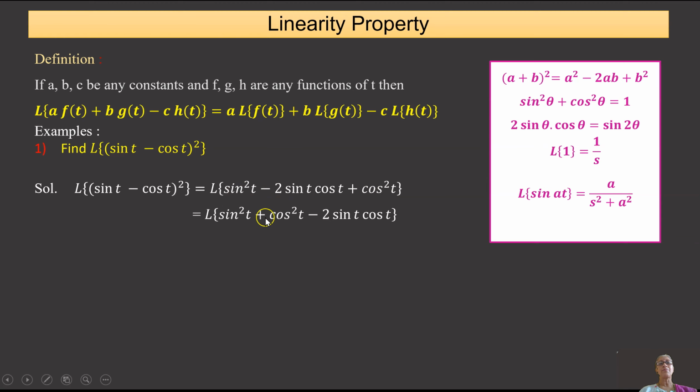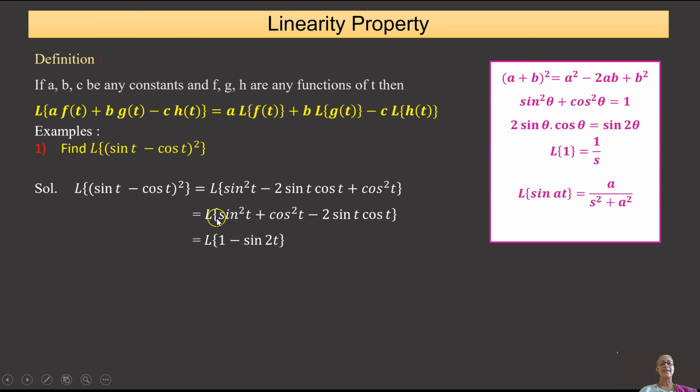Here, sin square t plus cos square t minus 2 sin t cos t. Sin square theta plus cos square theta is an identity, which is equal to 1. So in place of sin square t plus cos square t, we can write 1, and 2 sin theta cos theta equals sin 2 theta. So 2 sin t cos t can be written as sin 2t.